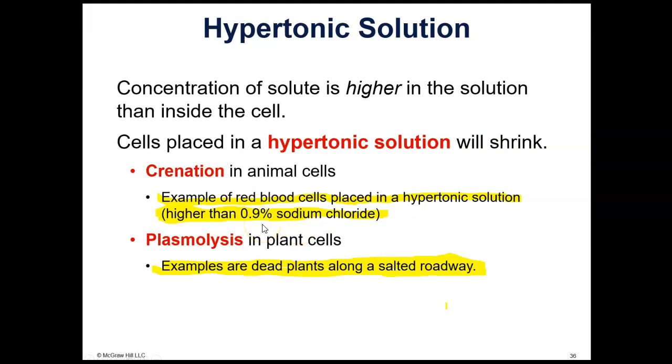So if your red blood cells are surrounded by that 0.9%, they're not going to change size. But if the solution is higher than that, your red blood cells will shrink and they will die. They will undergo crenation and they will die. And plant cells, when they undergo plasmolysis, also die.